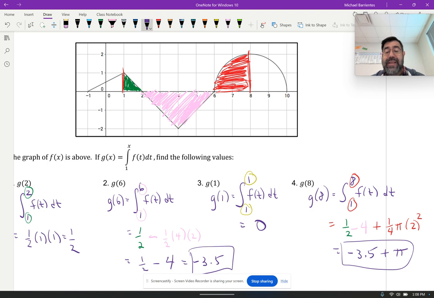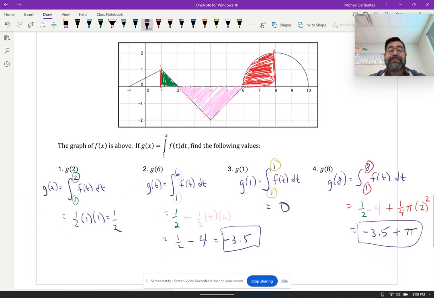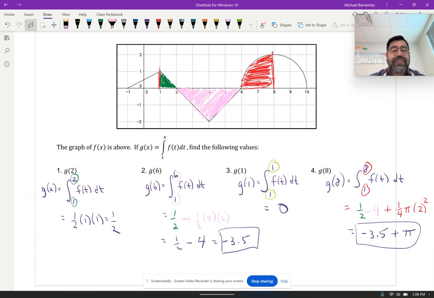This would be the exact value of g at 8 because it's the definite integral from 1 to 8 of the f function given. This is what we call accumulation functions, or functions defined by definite integrals.